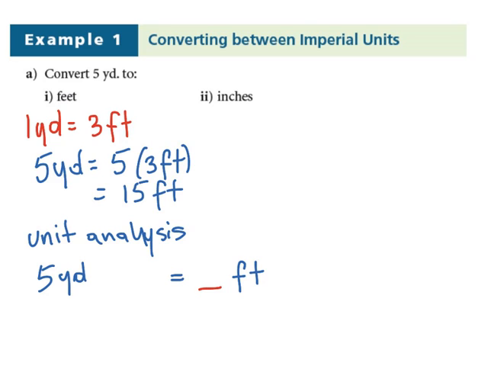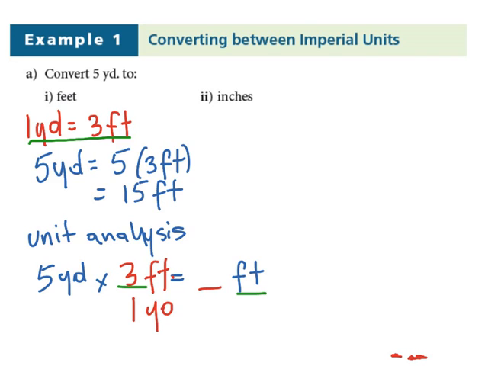The way we're going to do this is by multiplying by the specific equation or ratio. And then how do we set up the ratio? Since we have feet in what we call a numerator, we have to have feet in the numerator of this fraction as well. So we're going to put feet on top as 3 feet, and for every 3 feet there's 1 yard.